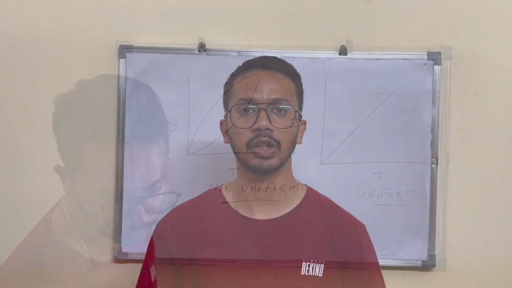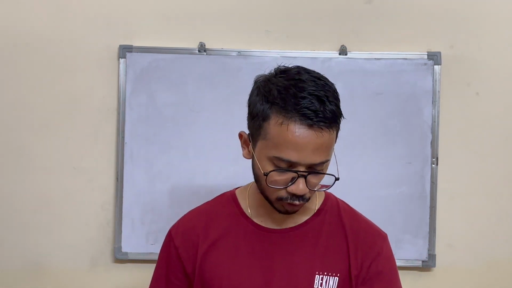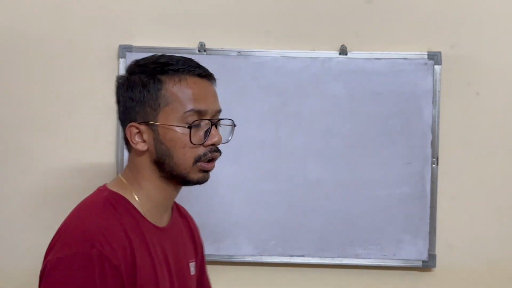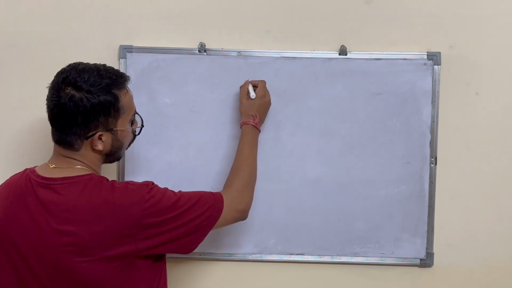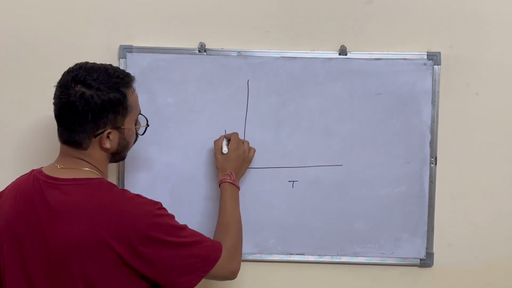Okay, now the next question. What can you say about the motion of an object whose distance time graph is a straight line parallel to the time axis? This is a quite good question. Here you need a little in-depth understanding of what the distance time graph actually represents at every point.